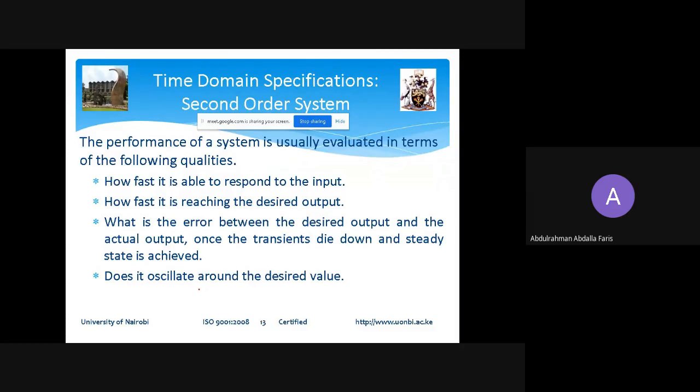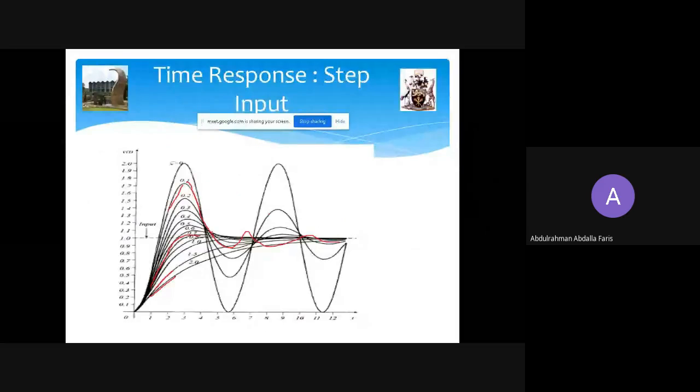So this is our desired value, which is also the input. You can see we have oscillations there. We don't want these oscillations. We can have one, so that we have a faster response rather than having a delta of 2, which takes time to reach the desired value.